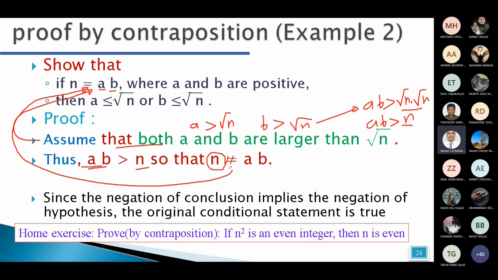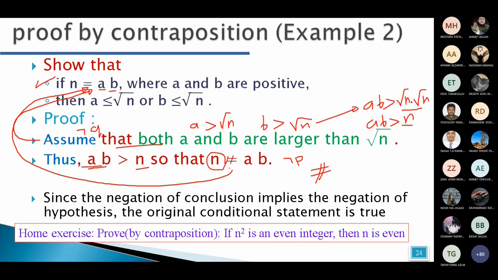This means n is not equal to ab. So from not Q, we reach not P. And that's a proof. A proof by contraposition. This means our original statement is true.